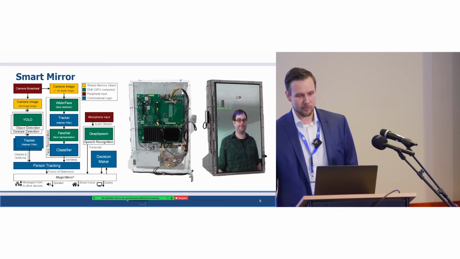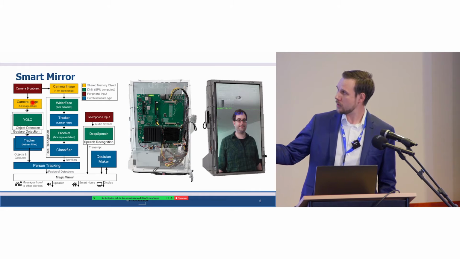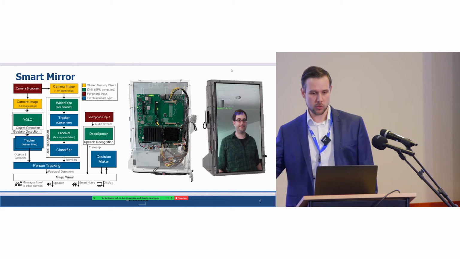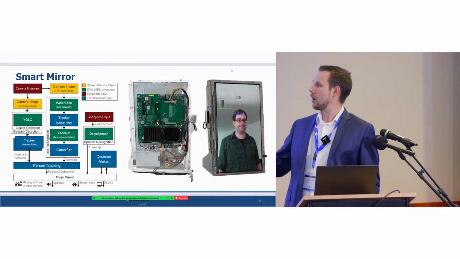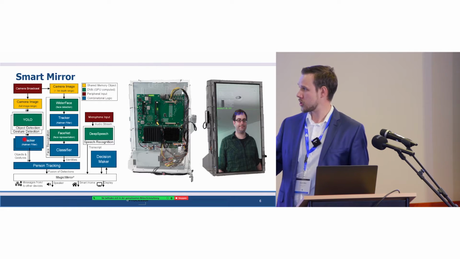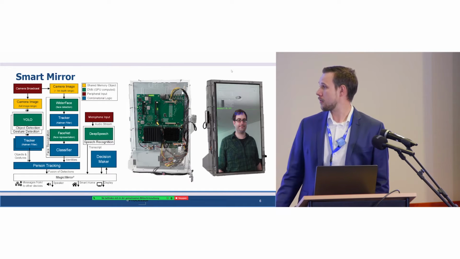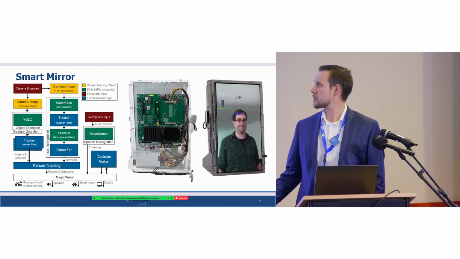When we look at the pipeline for the smart mirror, we have cameras, of course, and we are broadcasting the camera image to two microservers at the moment. We are using YOLO to detect the objects and gestures, and then we are using a tracker with a Kalman filter to get the best results for the detections.